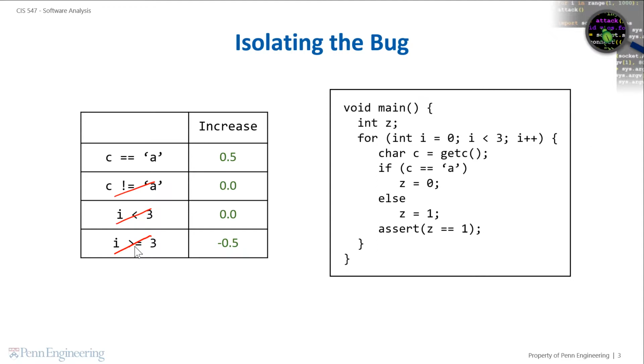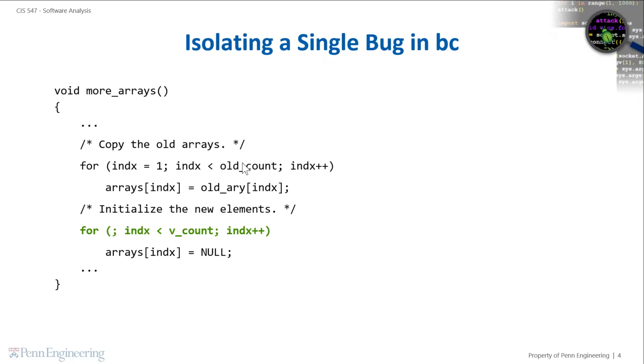Now let's look at the fourth predicate, I greater than or equals 3. Since there are no failing runs where it is true and one successful run in which it is true, its failure score is 0. However, since it was observed in one successful run and one failing run, its context score is 0.5. So its increase score is negative 0.5.